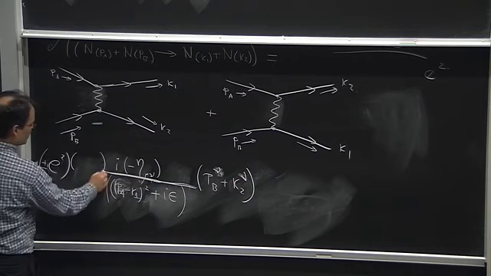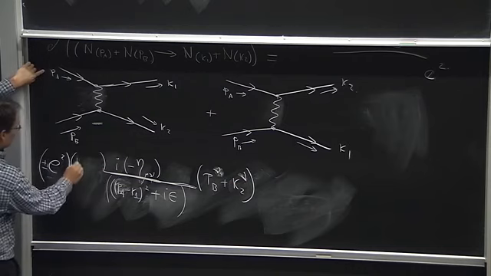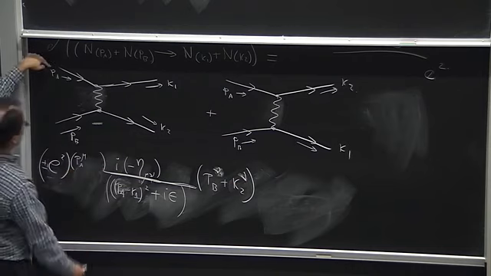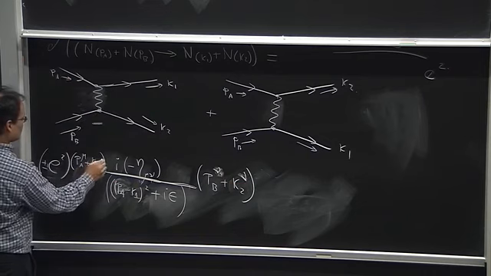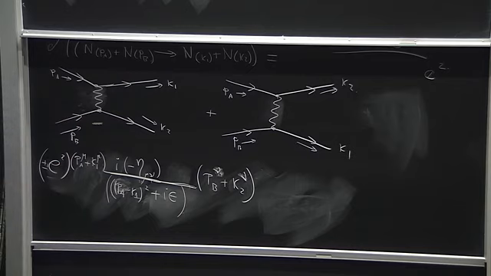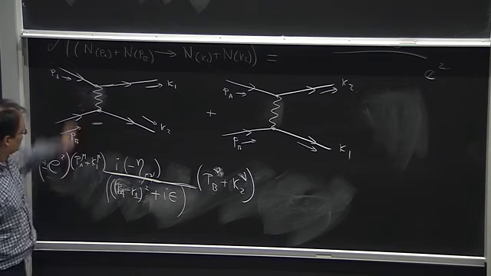And on this side, I'm going to contract the mu index with p_A. This is going in, but this one also has to revert. Okay? So that's the answer coming from this diagram.